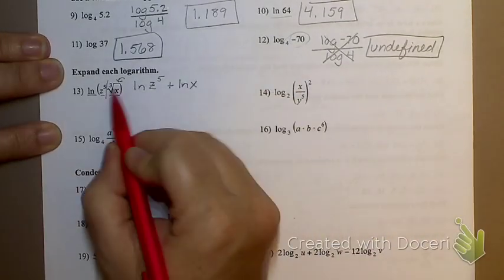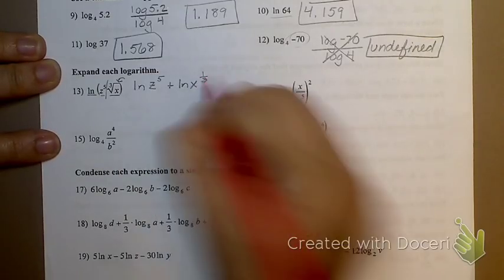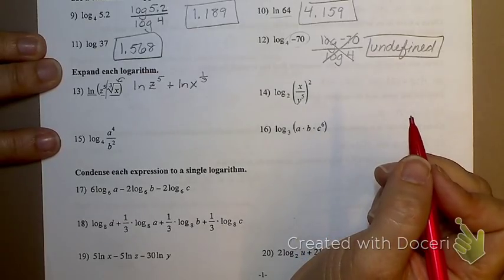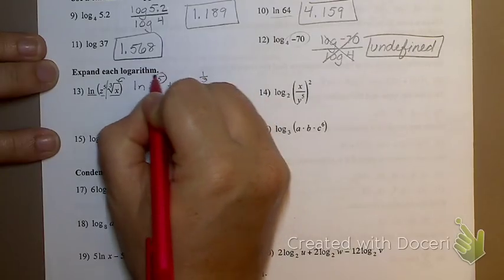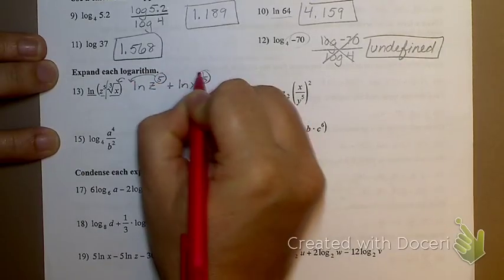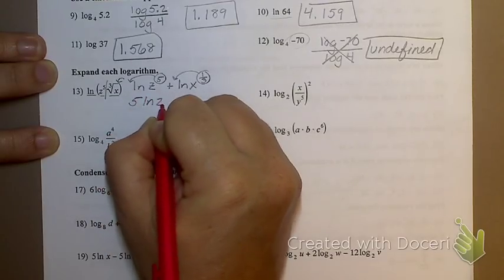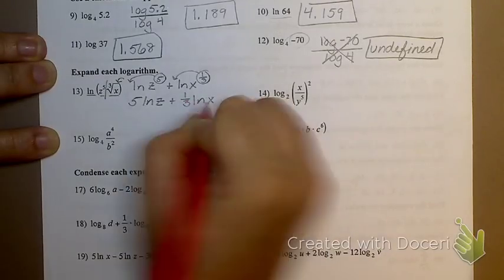X to the what? Cube root would be what as an exponent? 1/3. Square root would be 1/2. Fourth root would be 1/4. And the last thing I have to do for expanding is bump those exponents out to the front. So I have 5 natural log of z plus 1/3 natural log of x.